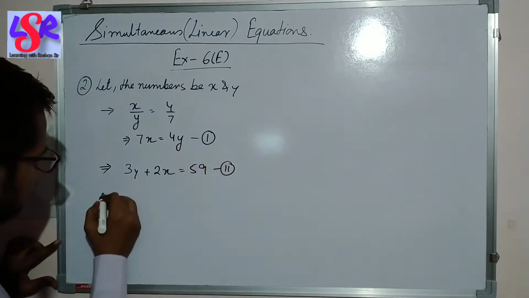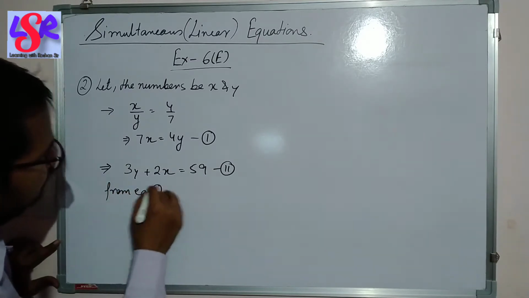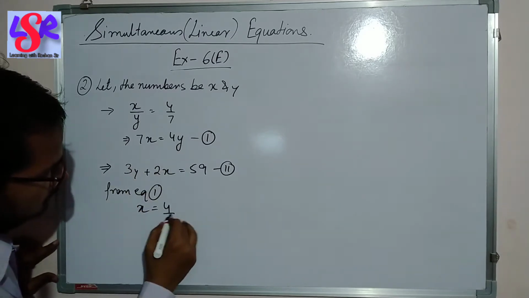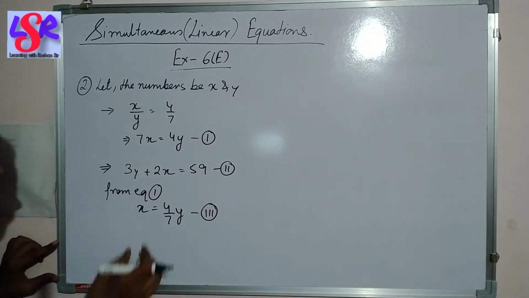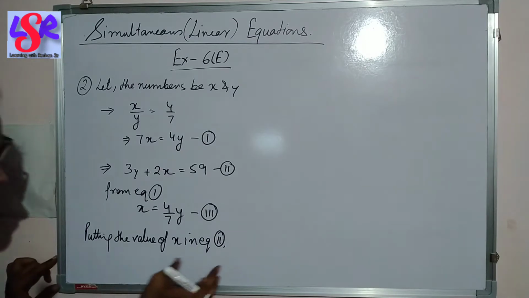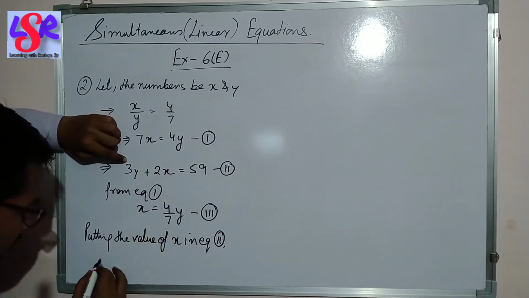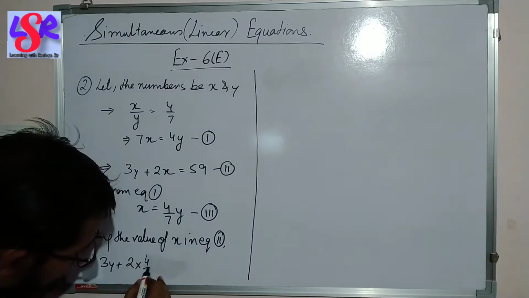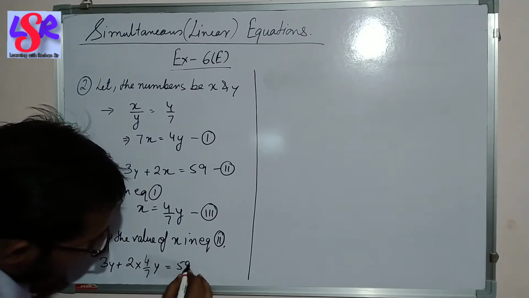So let's start from the first equation. From equation 1, we can get the value of x as 4 upon 7y, and let this one be the third equation. Now place the value of x in equation number 2. So putting the value of x in equation number 2, we get 3y plus 2 into 4 upon 7y equals 59.